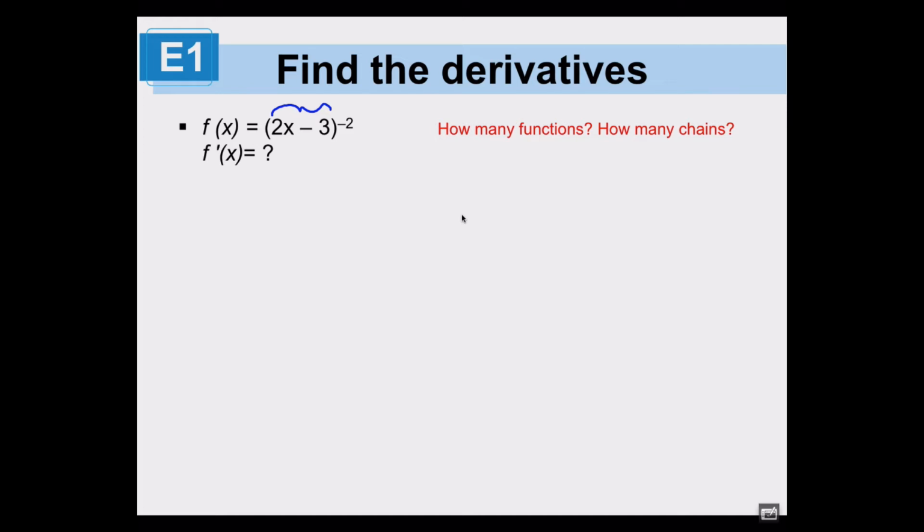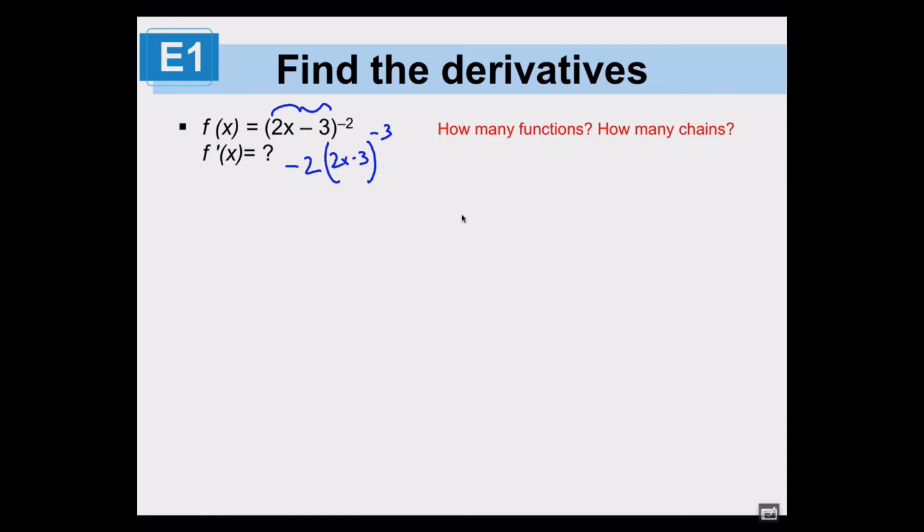So what's the derivative of anything raised to the negative 2 power? Negative 2 times that function, which is 2x minus 3 in this case. And then what do I do with the exponent? Reduce it by 1. That's the first step. Now here comes the chain.